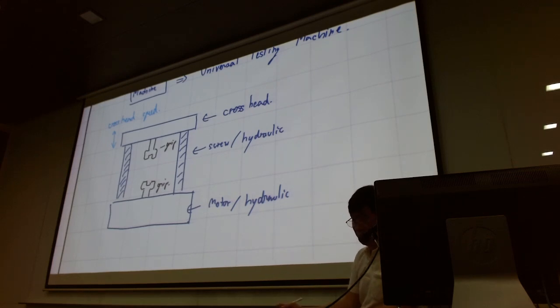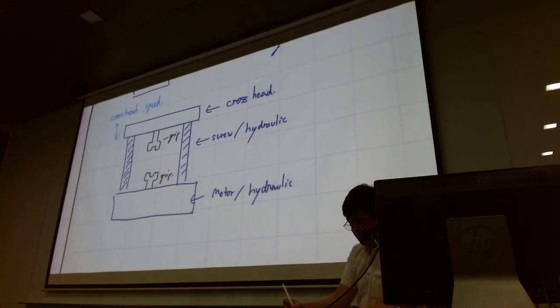Usually those grips would be made with steel, but the bite itself would be made with the diamond coating, so that it would be biting into any material and hold on to it very tight. So the grip itself, on the top, usually it will be connected to what we call a load cell. And this is to measure the force.